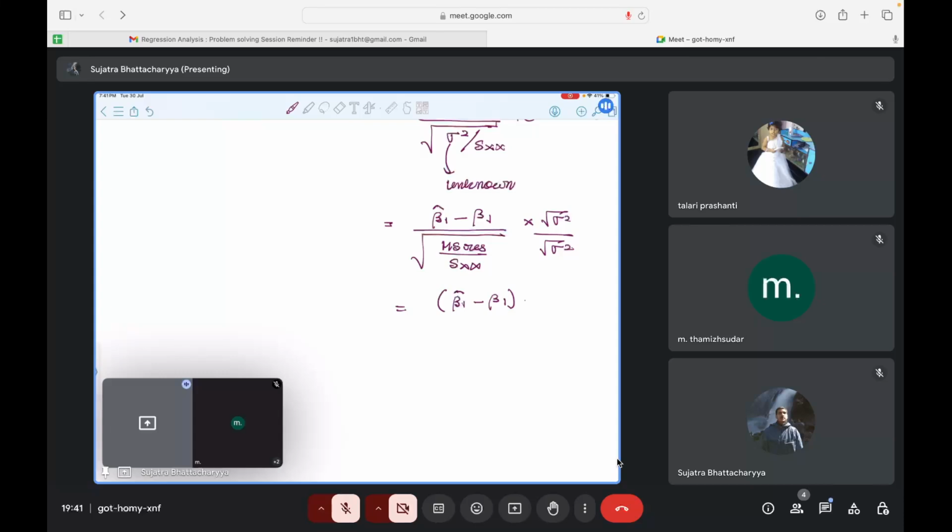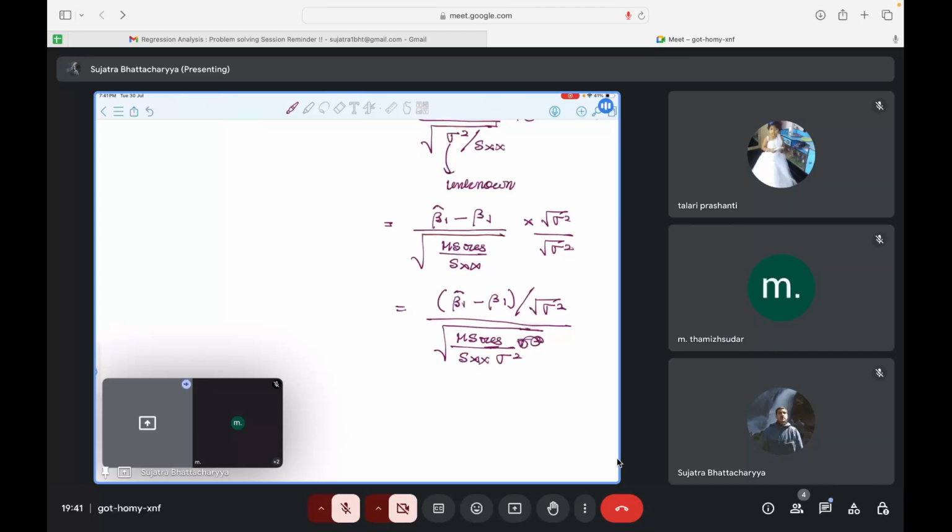So, beta 1 cap like this divided by root sigma square, divided by root over MS residual divided by Sxx, right? MS residual divided by this times sigma square. Right? Okay, so this will, oh sorry, I'm sorry, this will come.